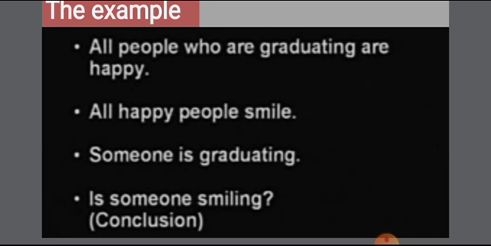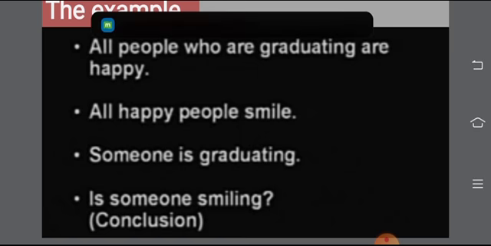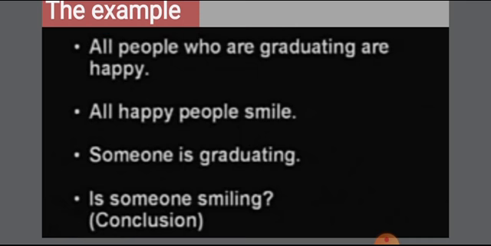We have to start the resolution just by negating the goal, and our goal is "is someone smiling." We have to prove that.